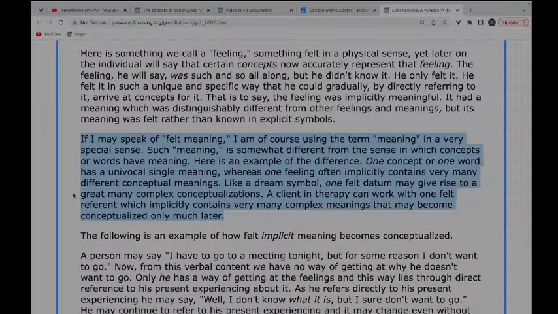It's like, it means this. So you shouldn't use that word in this other way because it doesn't mean that. That's the kind of approach to language that it sounds like he's talking about here. Whereas one feeling often implicitly contains very many different conceptual meanings.